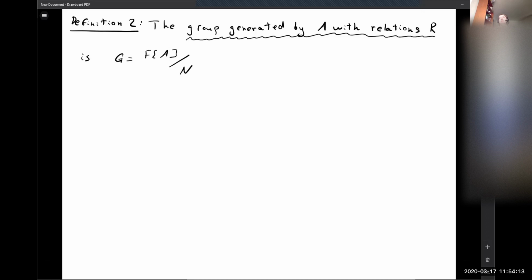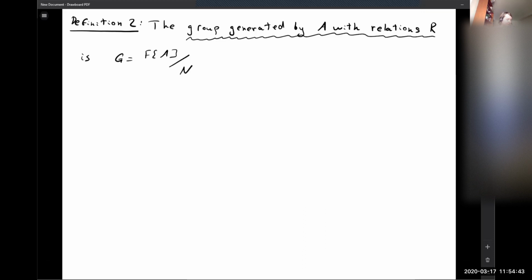You can define this group, right? However, this definition doesn't tell you anything about G as a set at all. So this is highly non-constructive in a sense and rather abstract. To get some idea of that, let's look at the examples.